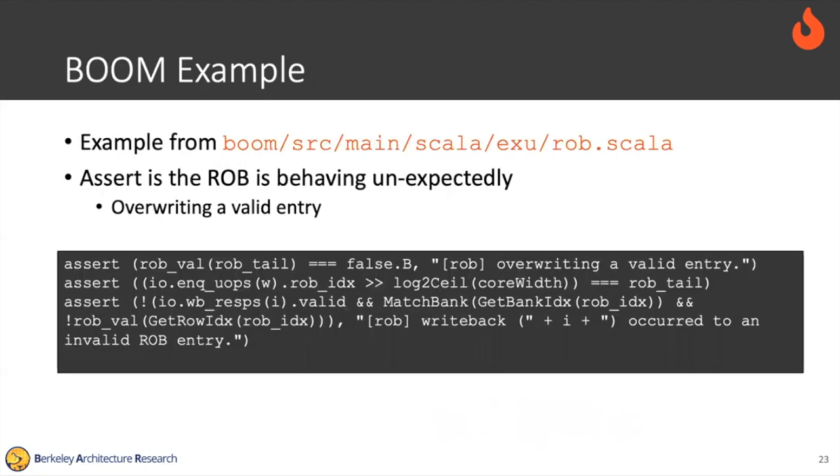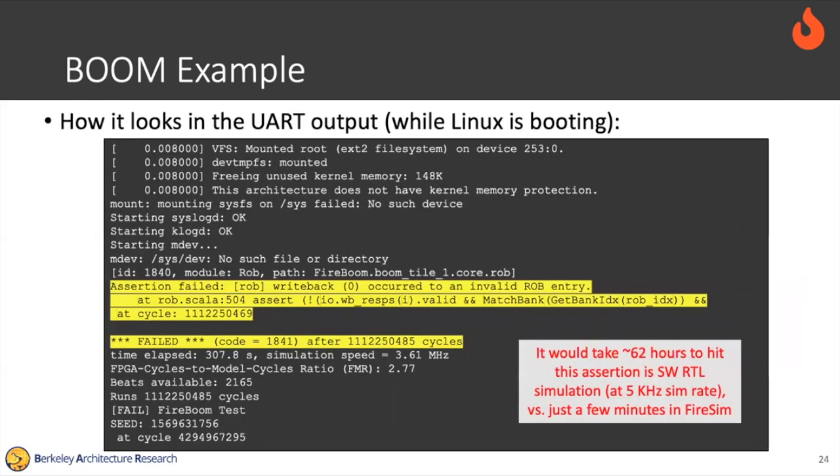As an example from BOOM, there are some asserts that tell you if the ROB is behaving unexpectedly, in this example, overriding an entry that's already valid. If you run this and an assertion fires, you'll see information like this show up in the Linux boot log.